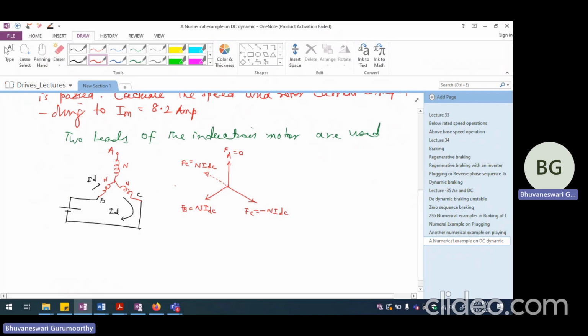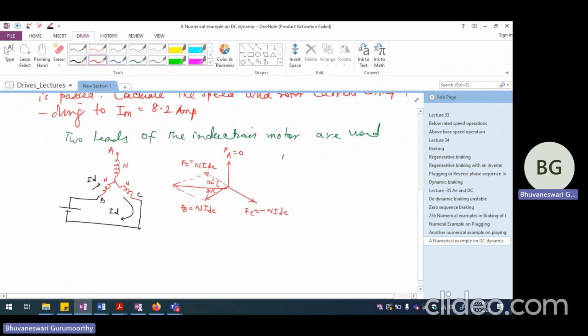So when I add these two together, I'm going to get it somewhat like this. So this is the resultant. This is 30 and this is also 30 degrees. So this is cos 30 multiplied by 2 times NIDC.